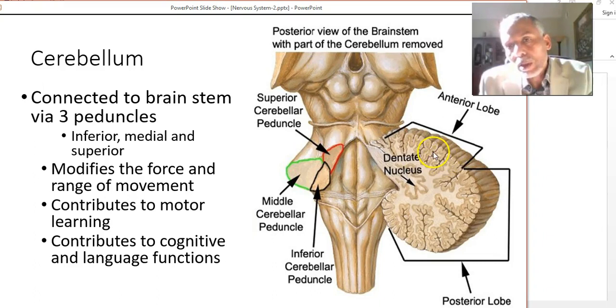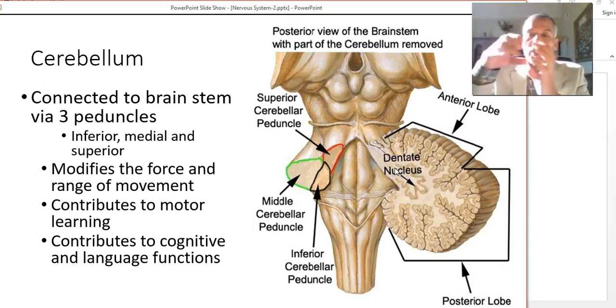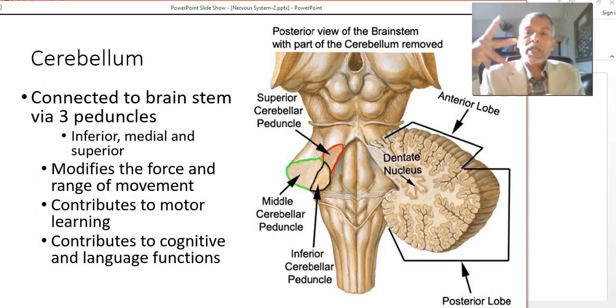So here, all of these white matter fibers, all from one hemisphere, come together, and they're made into cables, into these three big cables: the inferior cerebellar peduncle, and the middle, and the superior.